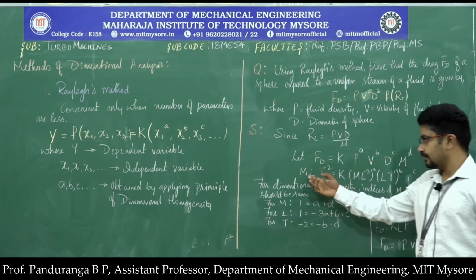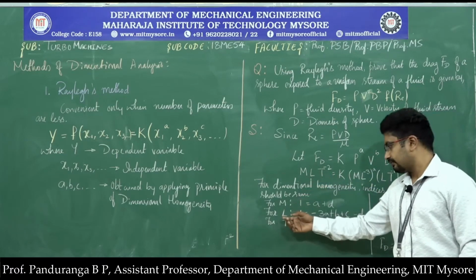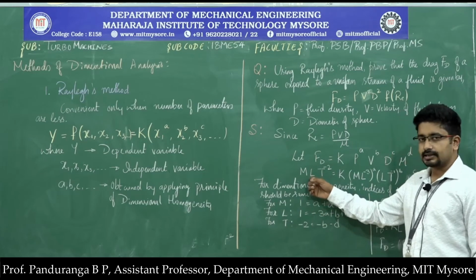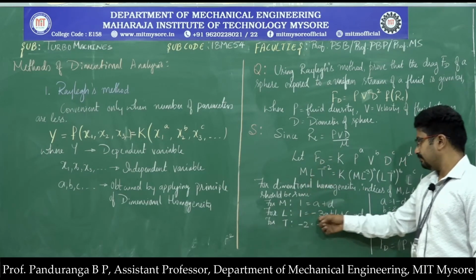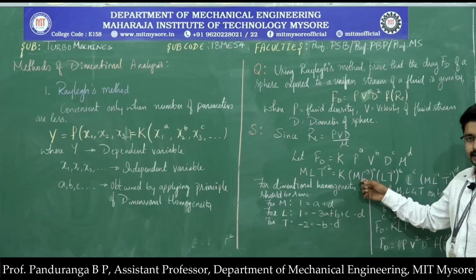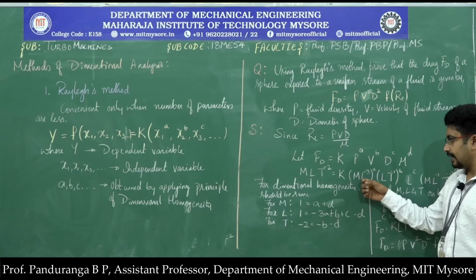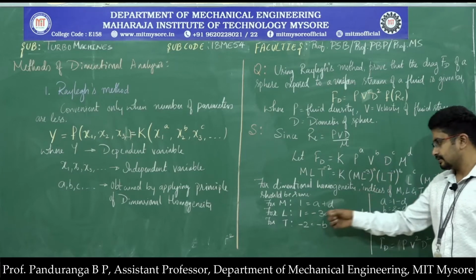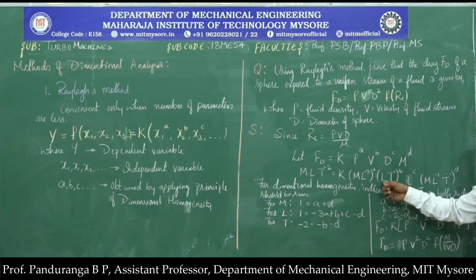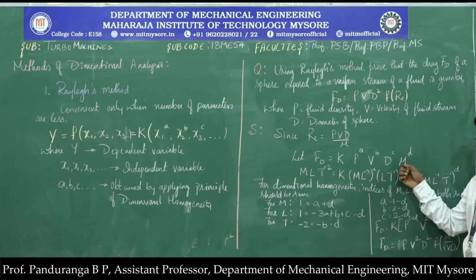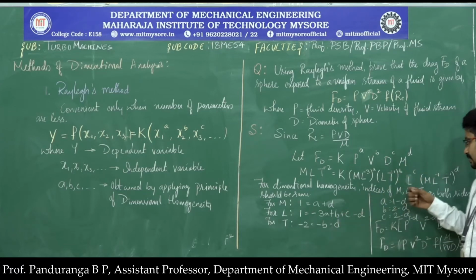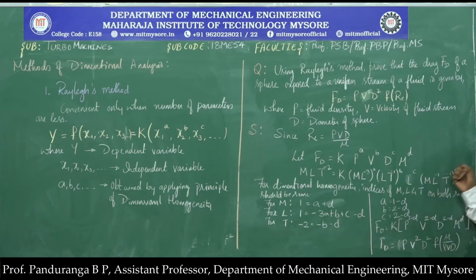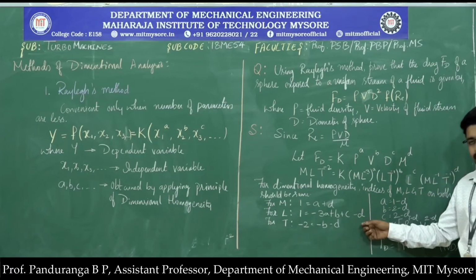Now I will go to L. For the powers of L, on the left hand side it is L to the power of 1, so 1 will be equal to, on the right hand side, L to the power of minus 3 into a, so minus 3a, plus b, plus c, and then L to the power of minus d, so minus d.